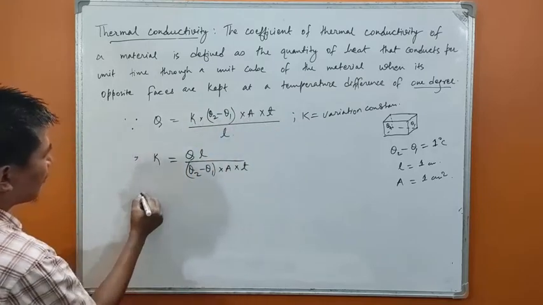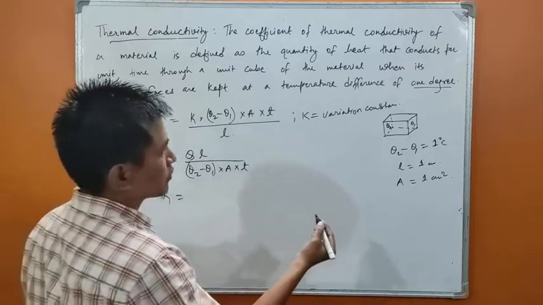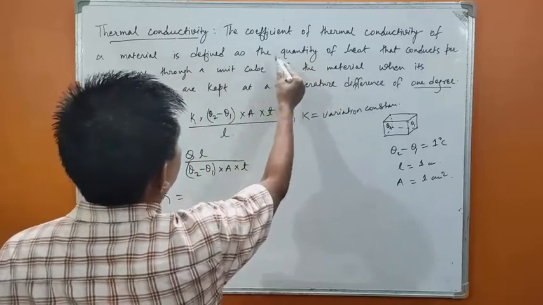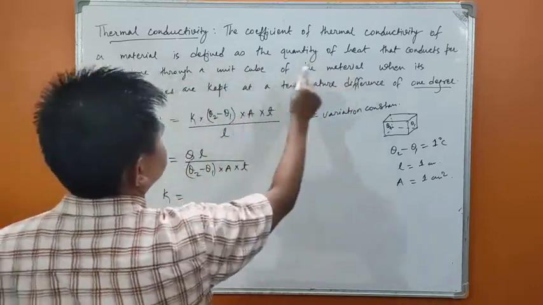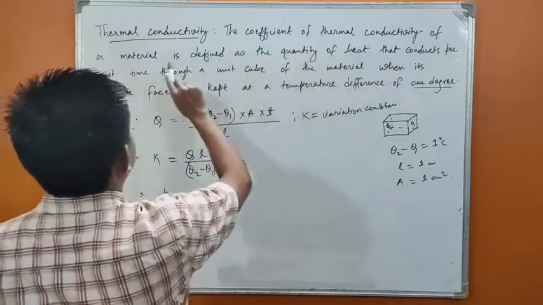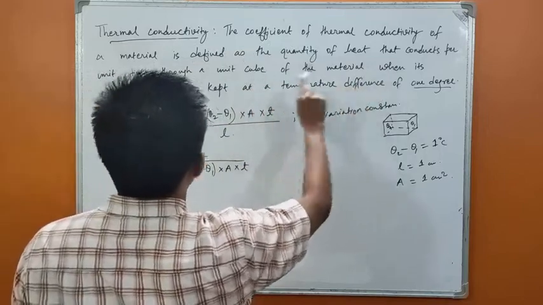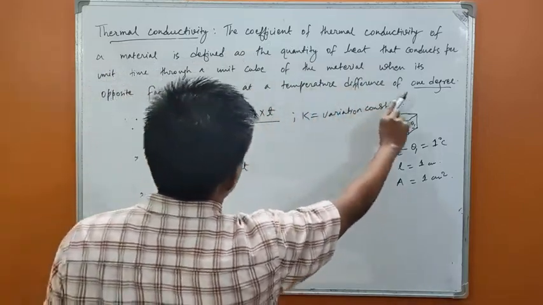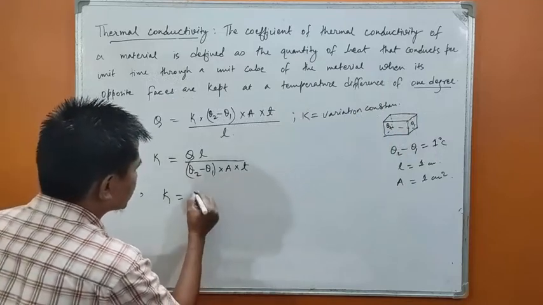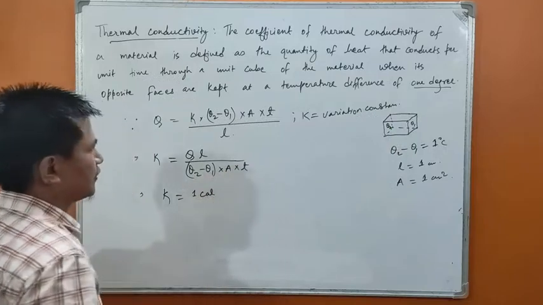In the definition itself, Q is the quantity of heat. Let us suppose the quantity of heat to be 1 calorie.